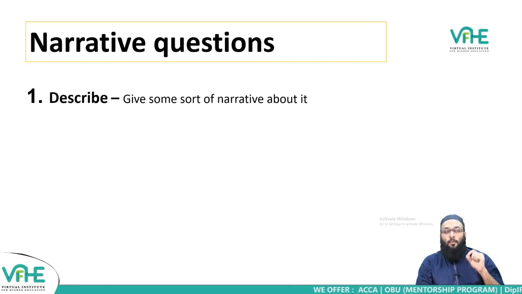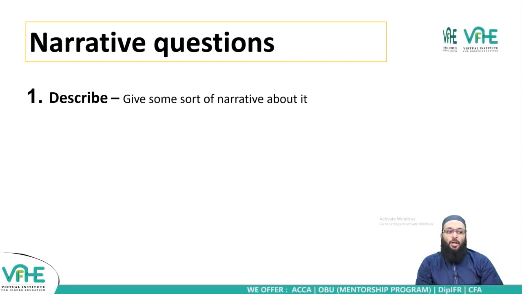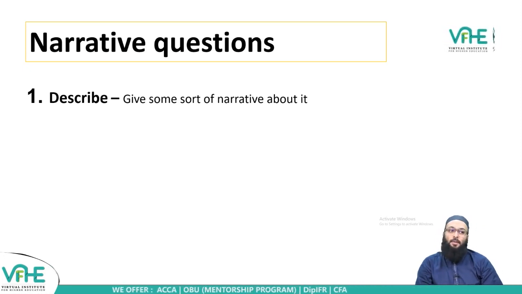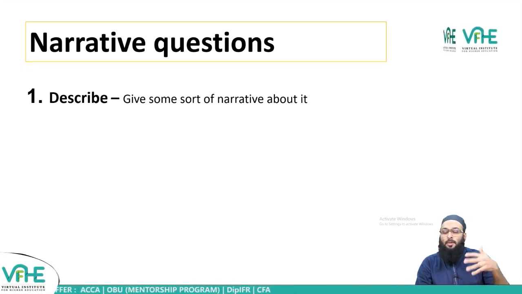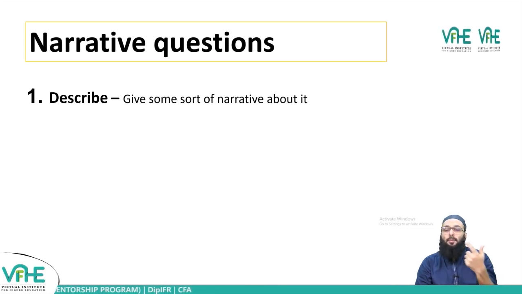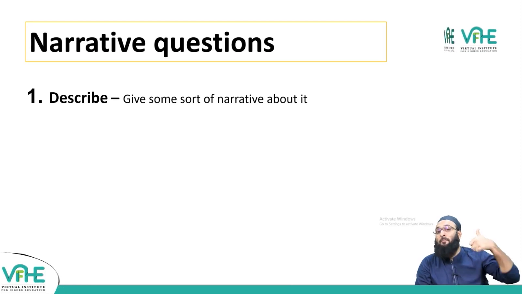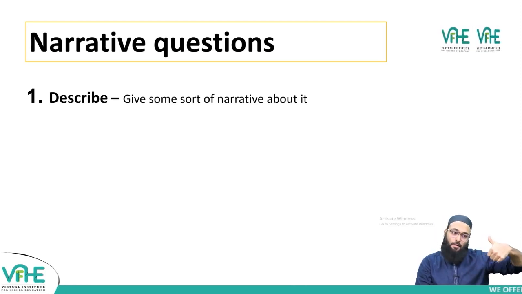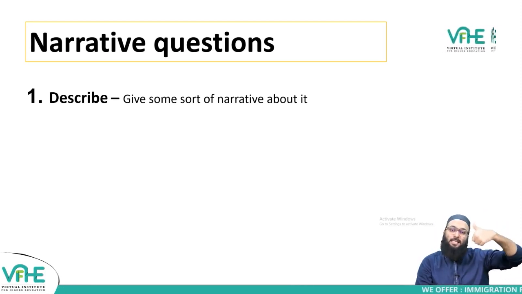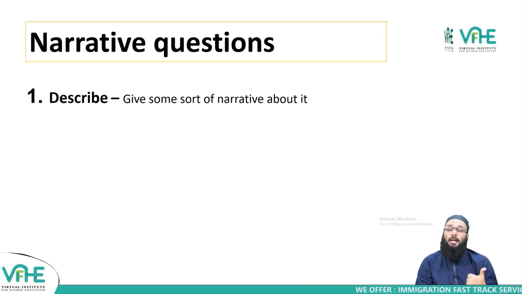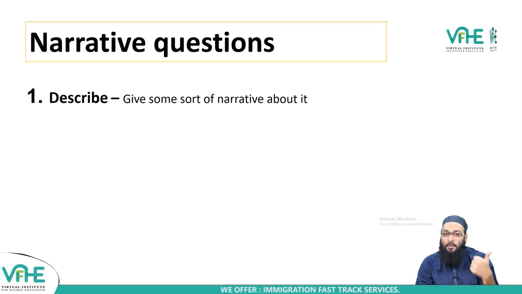So, when you are describing a measure like number of repeat customers, if the question says suitable measure, and you said the suitable measure is number of repeat customers, now if you just mentioned that number of repeat customers is a suitable measure, this means you haven't described that.